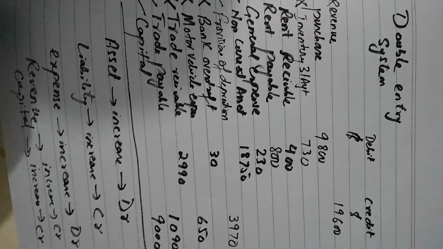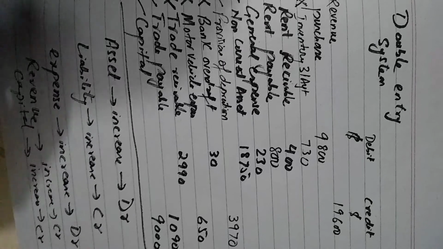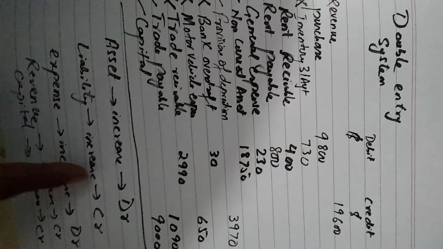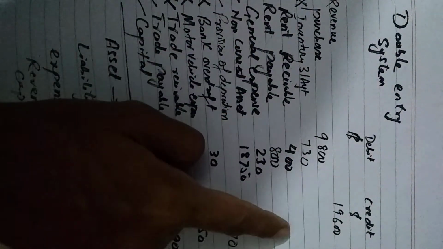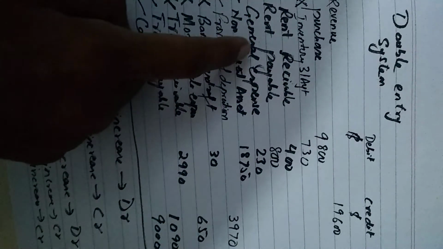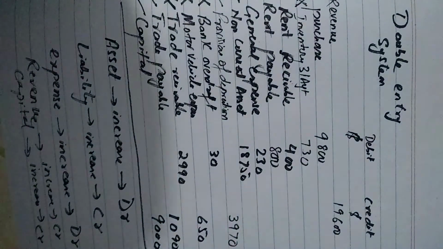So this is our question number 1 in O-level accounting, the double entry system. You should learn these things, and whatever is incorrect, you have to put in the correct place. Inventory 730 is closing inventory.